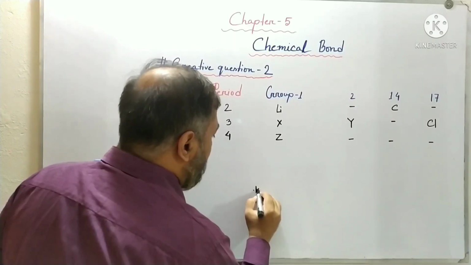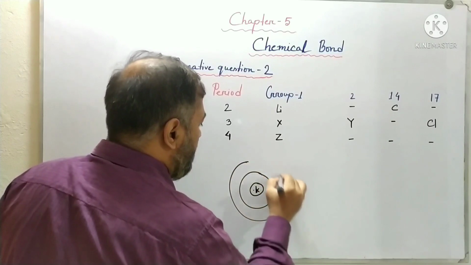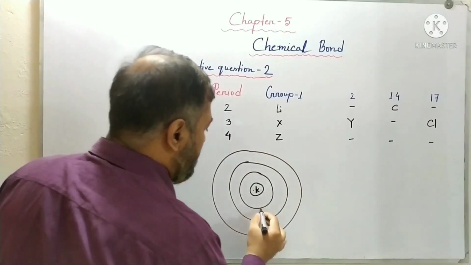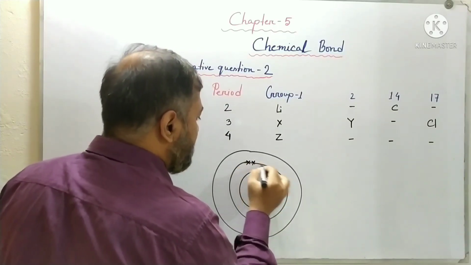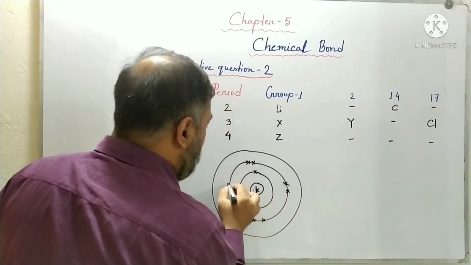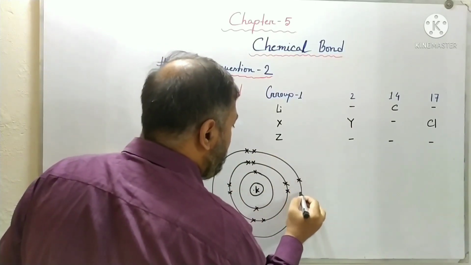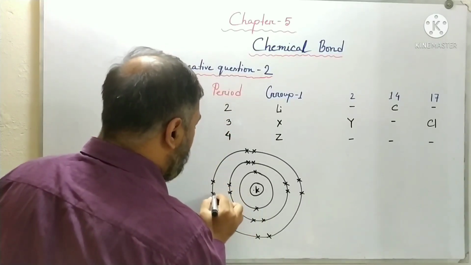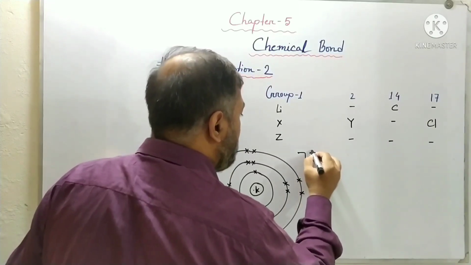So I'm going to draw the shells: 1, 2 and 3. In the first shell, potassium has 2 electrons. In the second energy shell, potassium has 8 electrons. In the third energy shell, potassium also has 8 electrons, and by donating 1 electron, it becomes positively charged.